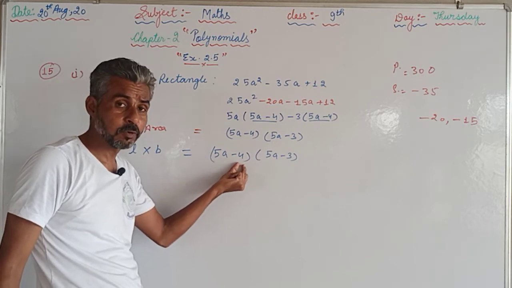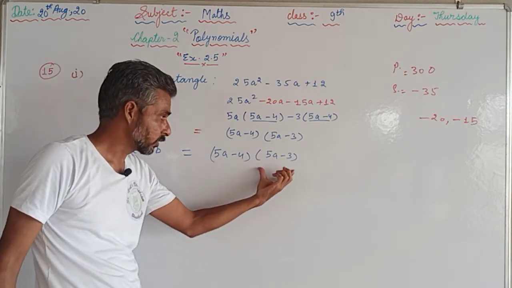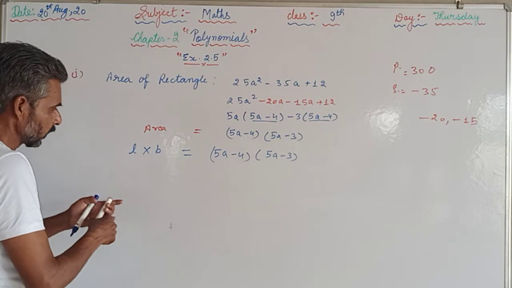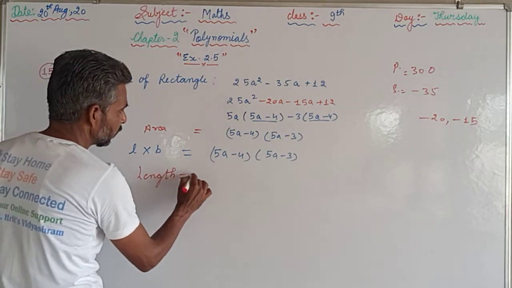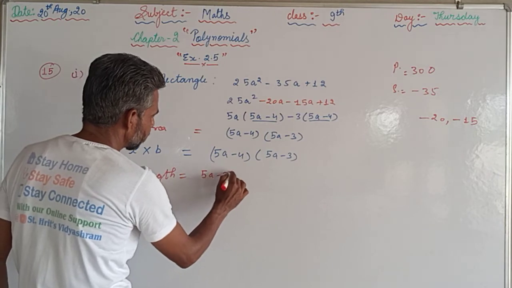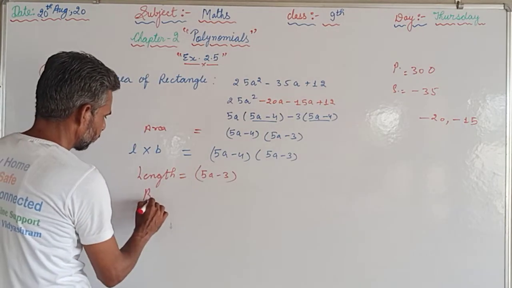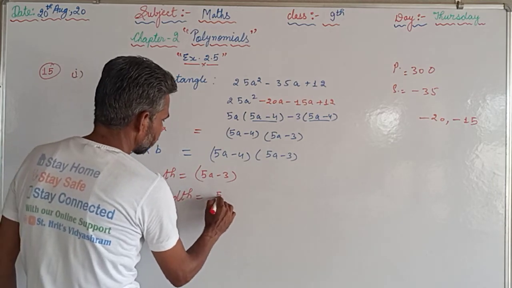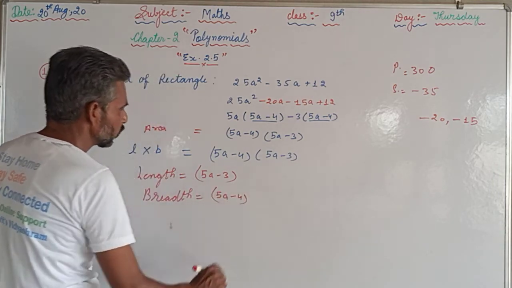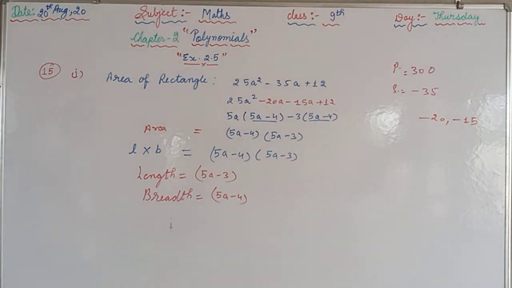Here we are subtracting 4, here we are subtracting 3, so this will be more. So we can say length will be 5a minus 3 units and breadth will be 5a minus 4 units. So like this we can proceed. This question, one part I have done here, the second part you are supposed to do in the homework.